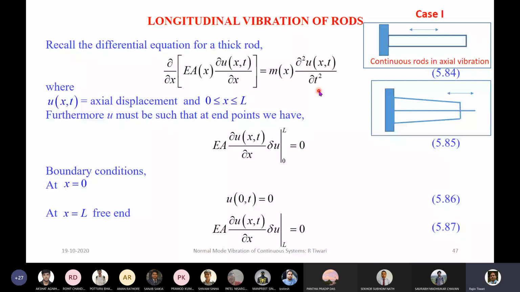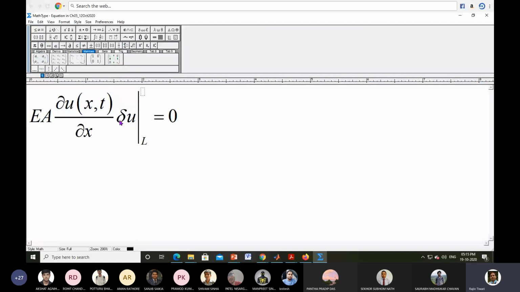For the cantilever case, at x is equal to 0, we'll be having displacement 0. Axial force will not be 0. But at the free end, because it can have displacement, this quantity, which is axial force, will be 0.